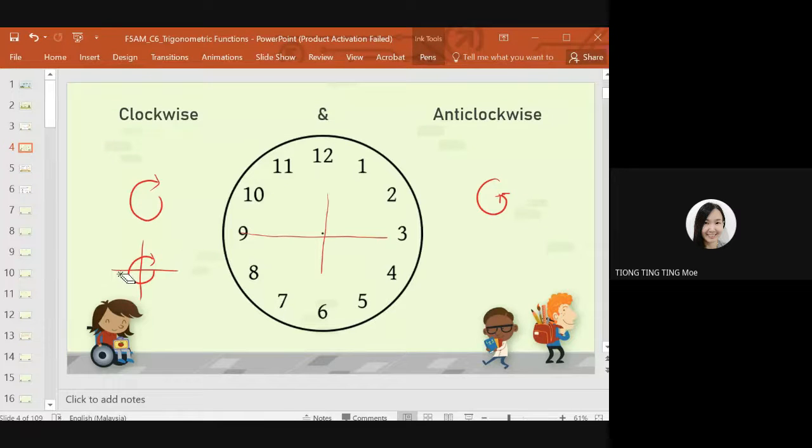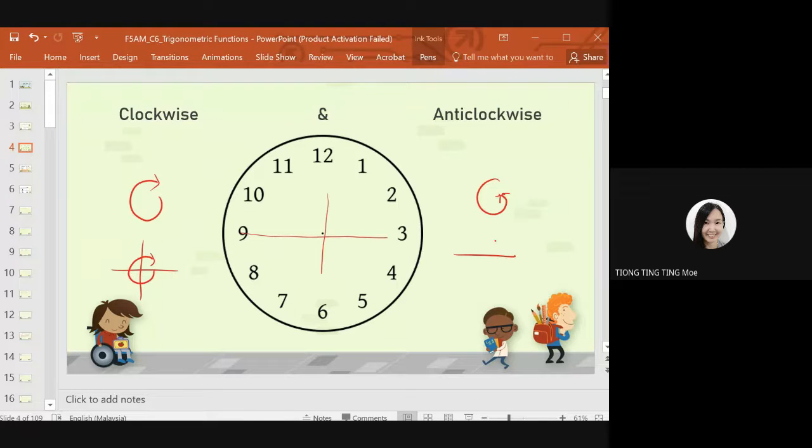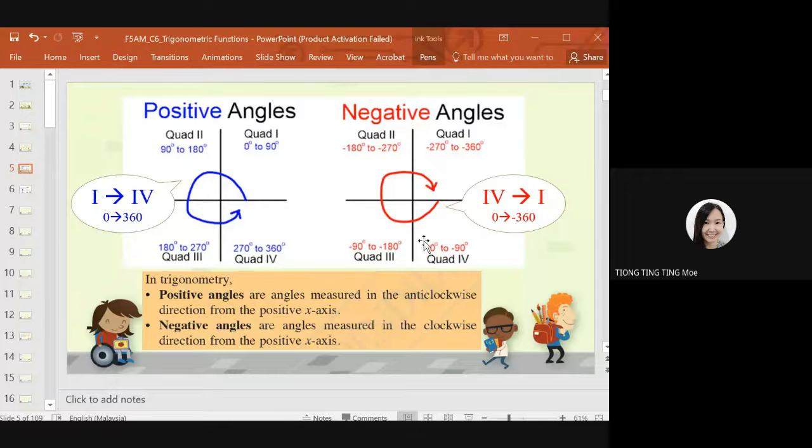Then anti-clockwise, like this. Okay? You see positive angles, negative angles.